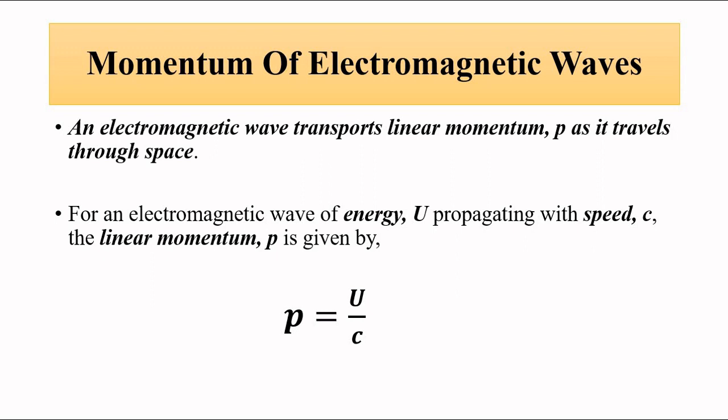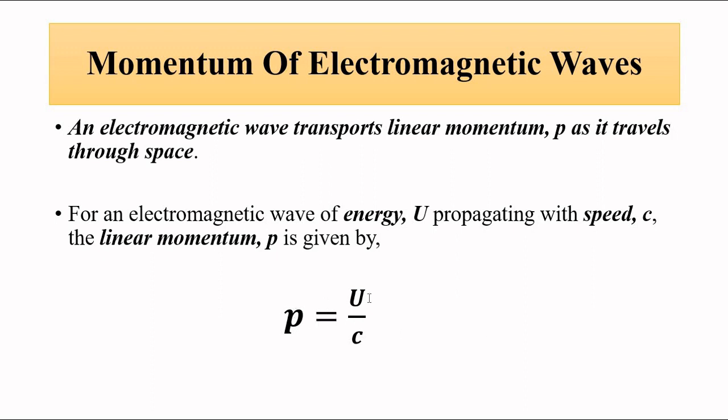So for an electromagnetic wave of total energy, capital U, not energy density, here it is total energy, capital U, moving with a speed c in free space, that is 3 into 10 to the power 8 meter per second, the linear momentum, small p, is expressed as momentum equal to total energy carried by the electromagnetic wave divided by the speed of the electromagnetic wave c in free space.